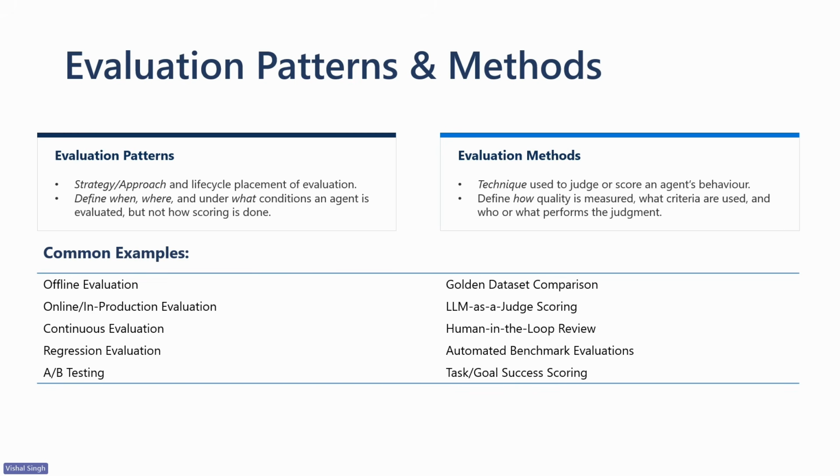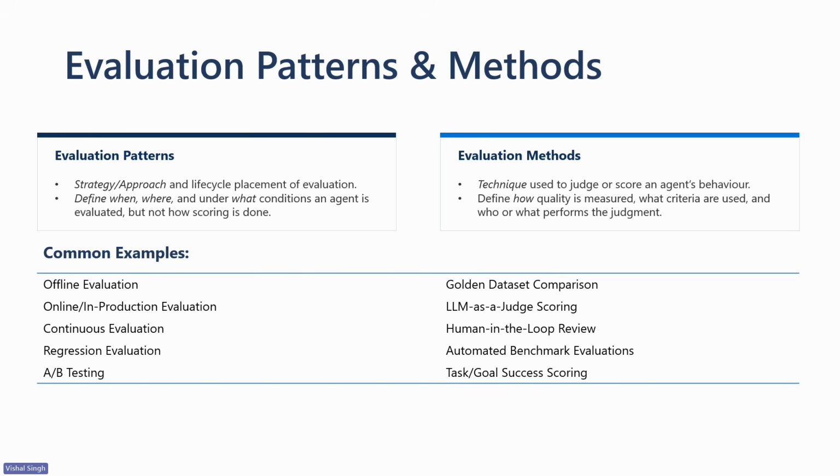In continuous evaluation, we talk about automatically rerunning evaluations on every model change so that they keep on running in the process. Regression evaluation is focused on detecting behavioral changes so that we're able to address the regressions observed. In A/B testing, multiple agent variants are evaluated simultaneously on live traffic. These are the common patterns that we deal with.